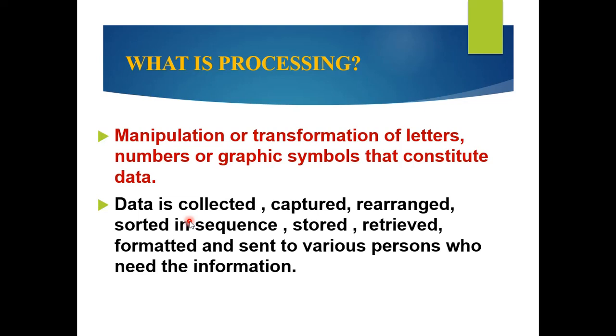Sorted means classified according to the order, sequence means order. It can be stored or retrieved or formatted, any change we have to do. Once processing is done, it will be sent to various persons who need the information.